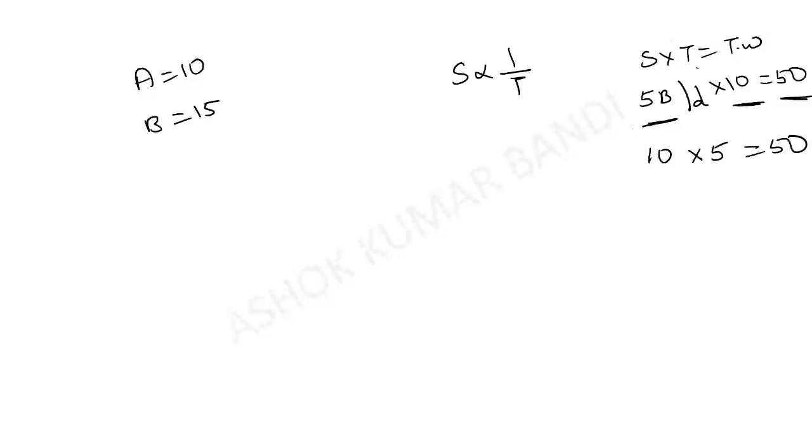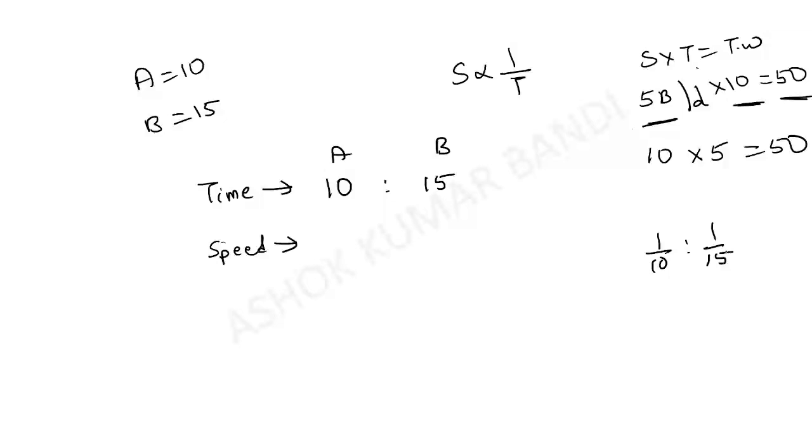Now see here, what you need to do is take the time ratio of A and B. So it's actually 10 is to 15. Then what will happen to my speed ratio? My speed ratio is going to be 1 by 10 is to 1 by 15, which is the reciprocal of the time ratio. But multiplying or dividing the ratio by the same number is not going to affect its value.